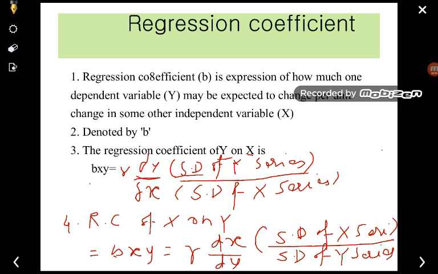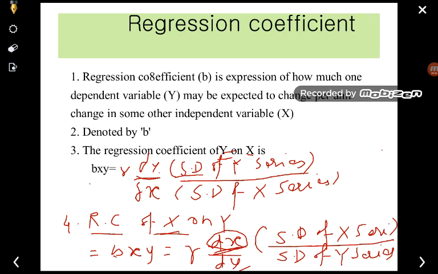So here in case of the fourth point, the regression coefficient of x on y, therefore we have to write down the x as a numerator over here and y as a denominator. If you are asked to find out the x, then you have to find out the dx by dy.